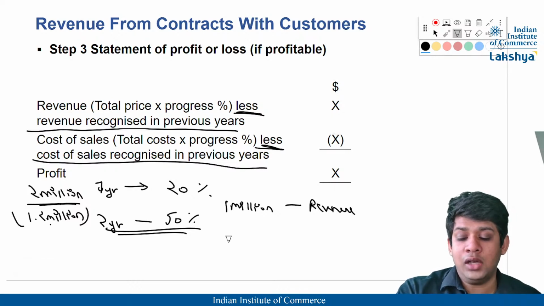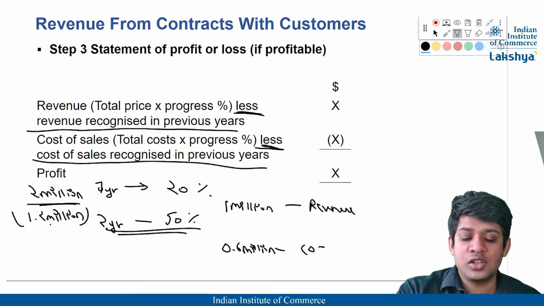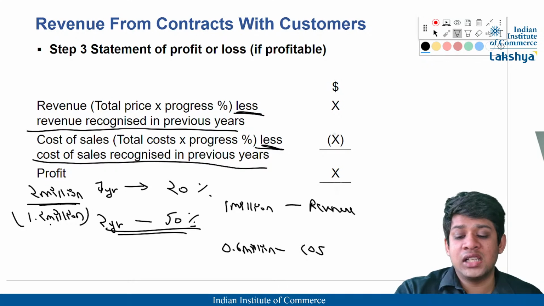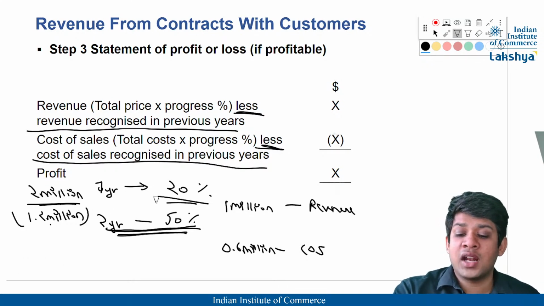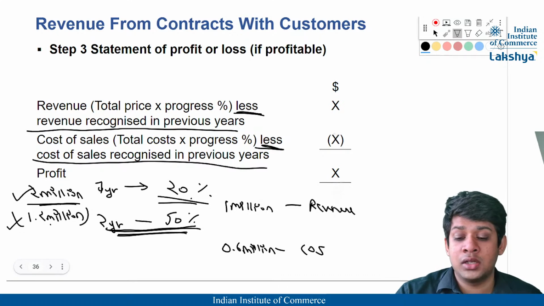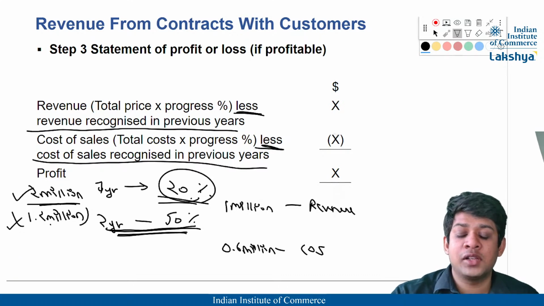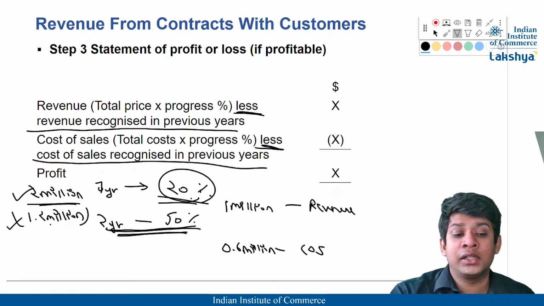And 1.2 million into 50%, that is 0.6 million, which is cost of sales. But guys, this is in the second year I've recognized for 50%. In the first year, I would have already recognized the revenue of 20% and the cost of sales of 20% because I had completed 20% in the previous year. So that I've already recognized. I cannot re-recognize it within the statement of profit or loss, correct?